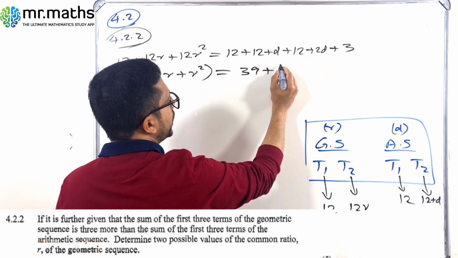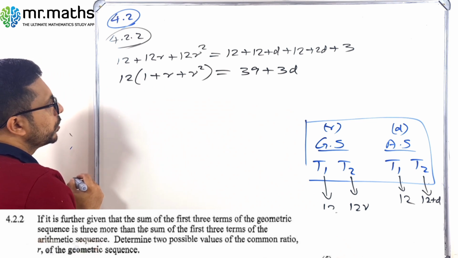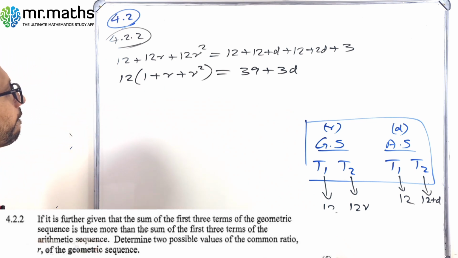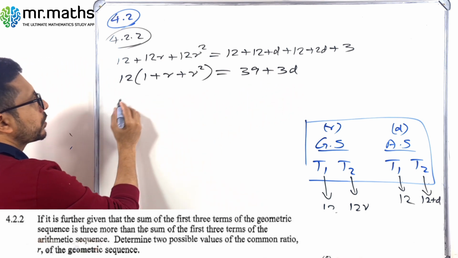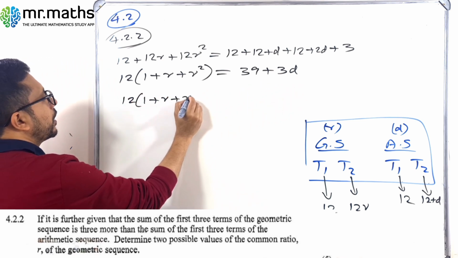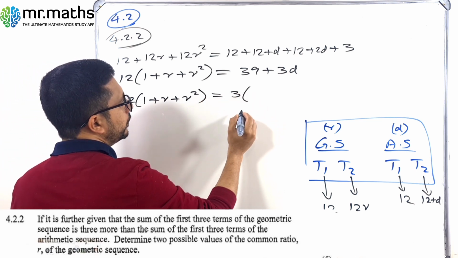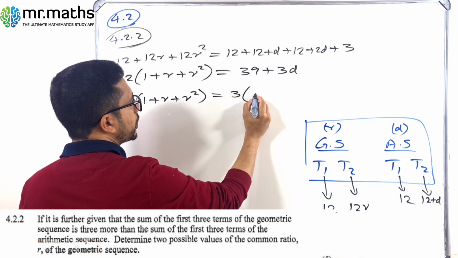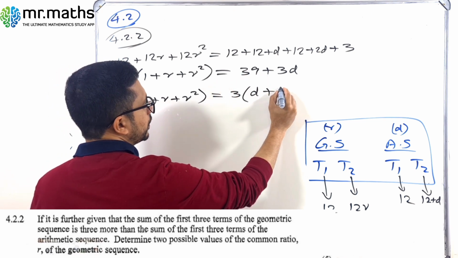D plus 2D, that is 3D. Here 3 is a common factor, am I right? So 12 into 1 plus r square is equal to, if I take 3 as common, let me write this D first, D plus 39, 3 common factor, so it is 13.